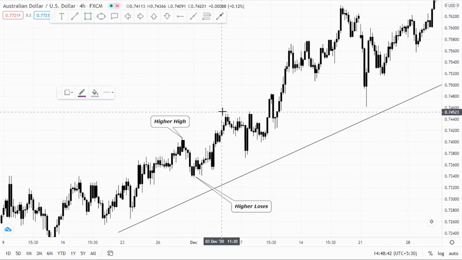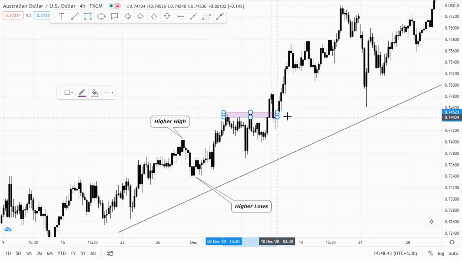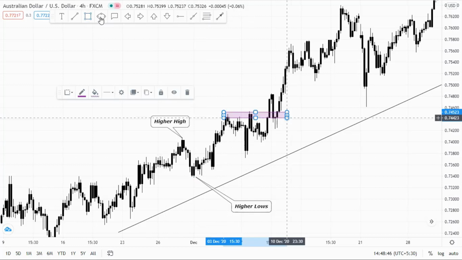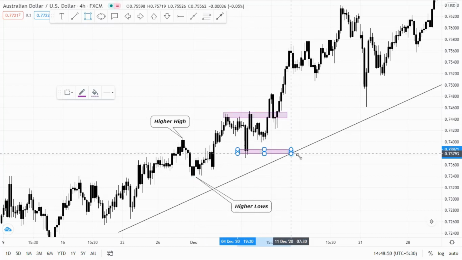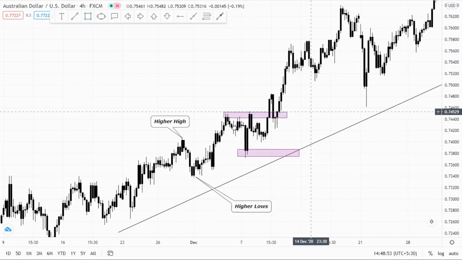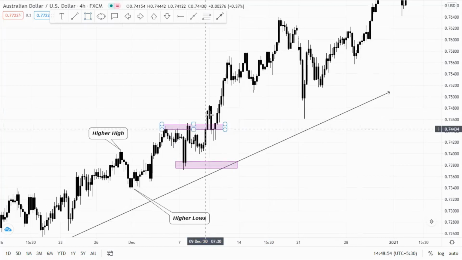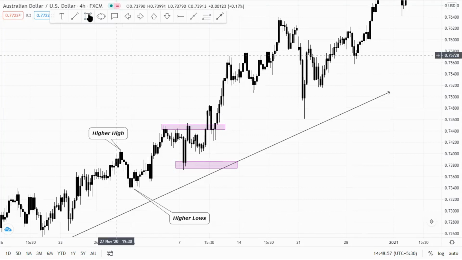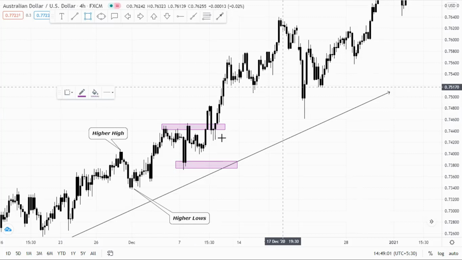You can clearly see here, there's this high here. There's this high here. Then there was also a higher low there. The high was broken, signifying that the trend must continue.